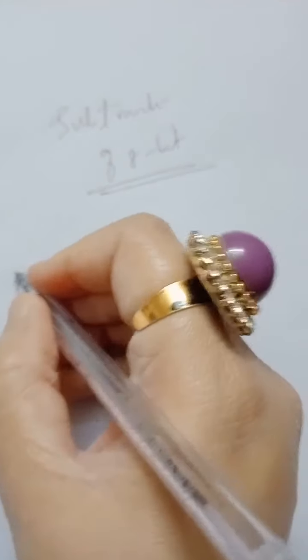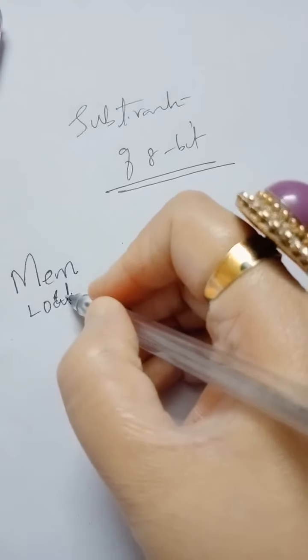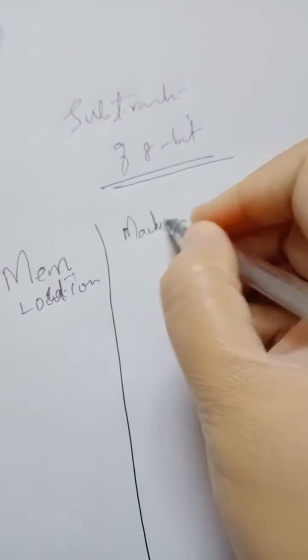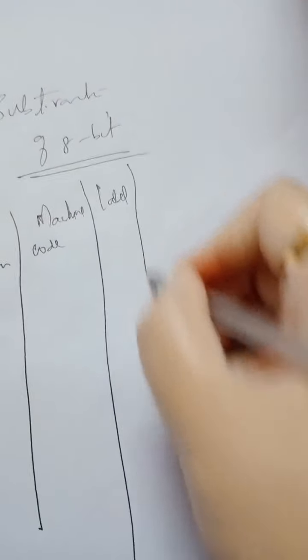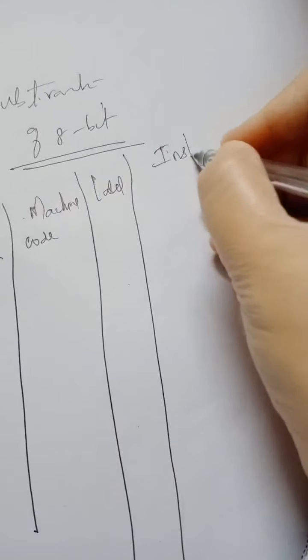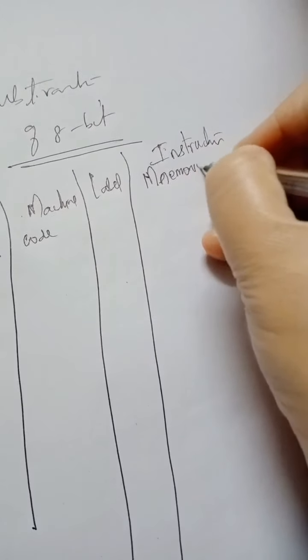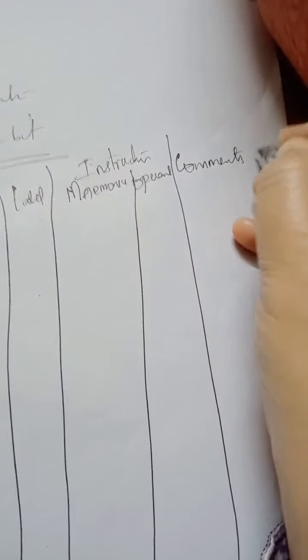For writing the program, first you have to write the memory location blocks, then machine codes, then label, then instruction mnemonics, then operands, then comments. These are the blocks you have to write compulsorily.